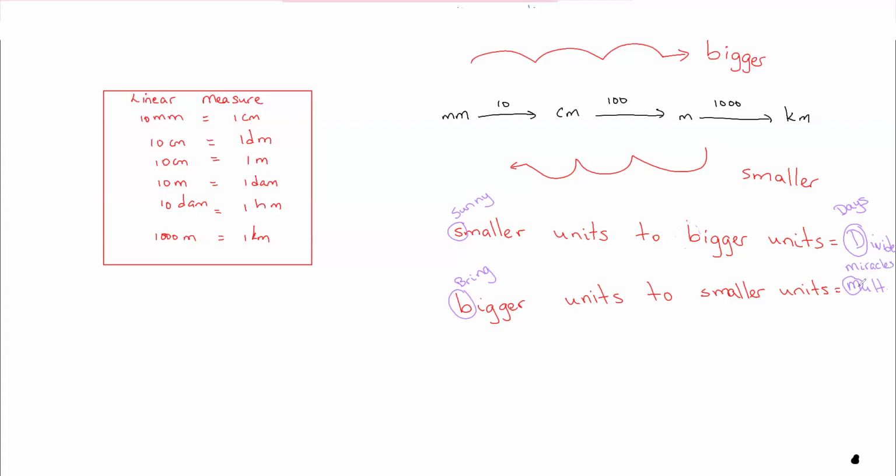We want to remember: sunny days bring miracles. The S means smaller units to bigger units, so we started with S for smaller, and we're going to divide. But if we're starting with B for bigger, we have to multiply. So it's sunny days bring miracles.